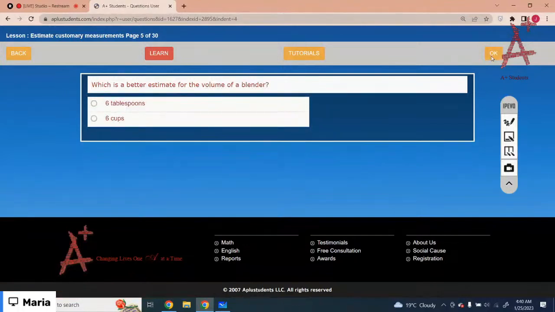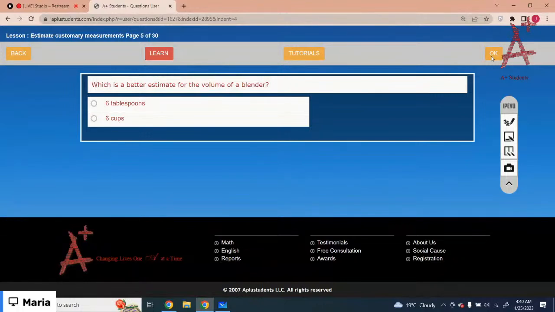Okay, which is a better estimate for the volume of a blender? Is this 6 tablespoons or 6 cups? Which is the correct option? Usually ducks don't have that much weight. Got it? Which is a better estimate for the volume of a blender?